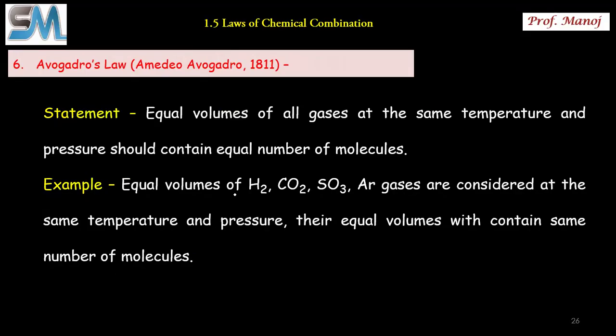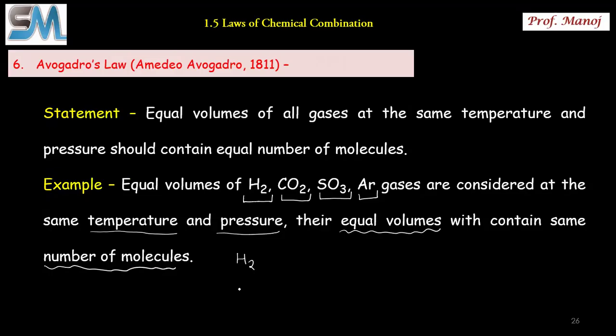If you take different kind of gases like maybe hydrogen gas, carbon dioxide gas, sulfur trioxide, and even monoatomic gas like argon, as long as the measurement is done at same temperature and pressure, the equal volume will contain same number of molecules. What does it mean?